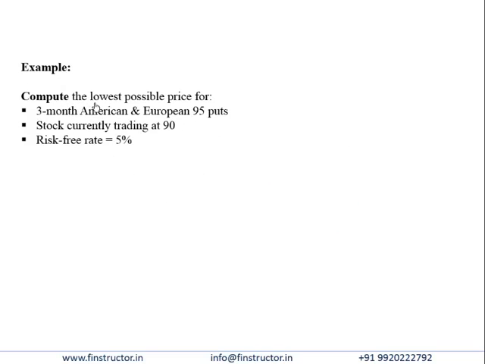So compute the lowest possible price for a 3-month American and European 95 put. The stock is currently trading at $90. For a European put, it is K e raised to power minus RT minus S. For an American put, the minimum value is K minus S. K is given to be 95, the risk-free rate is given to be 5%, and the time is 3/12, minus 90.